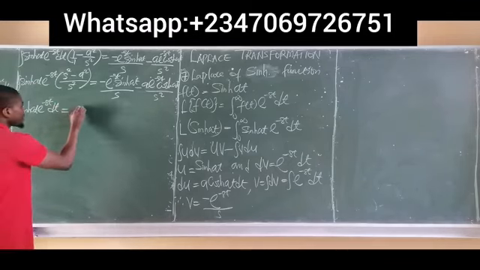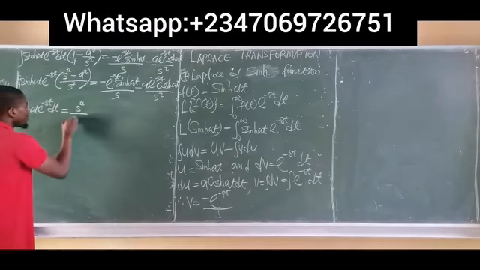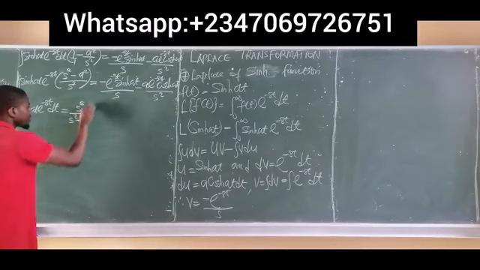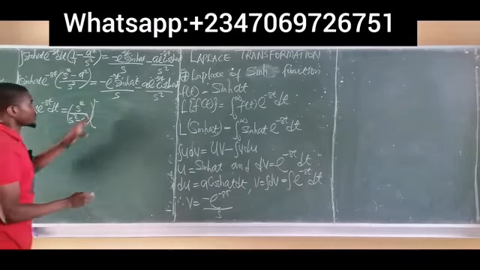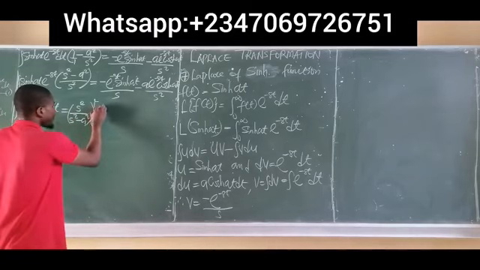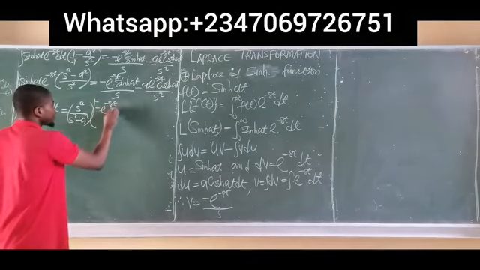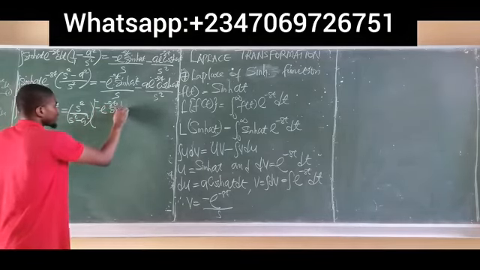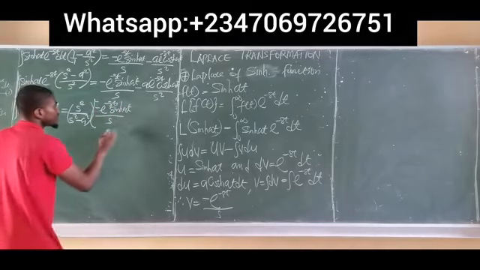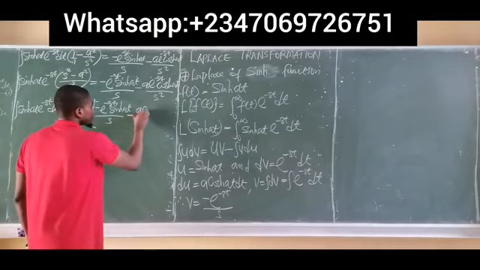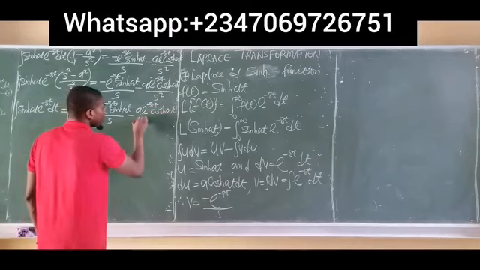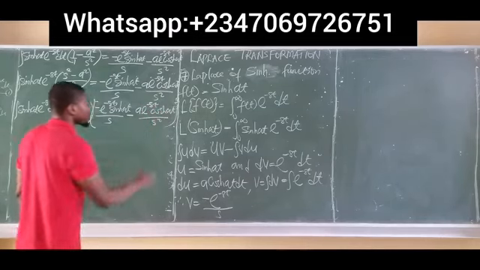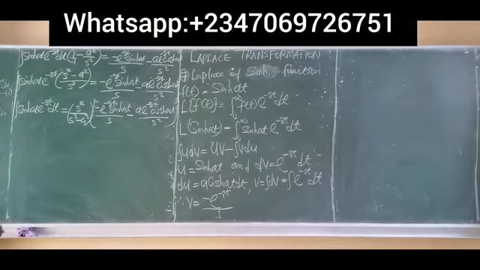So I will simply have s squared all over s squared minus a squared. Now the whole of this is multiplying everything here: minus exponential minus st sine at all over s, minus a exponential minus st cos at all over s all squared.